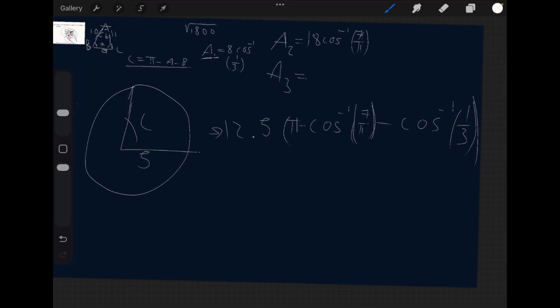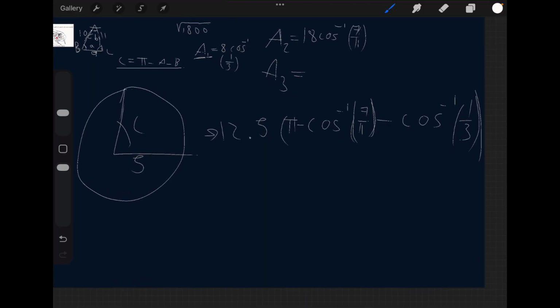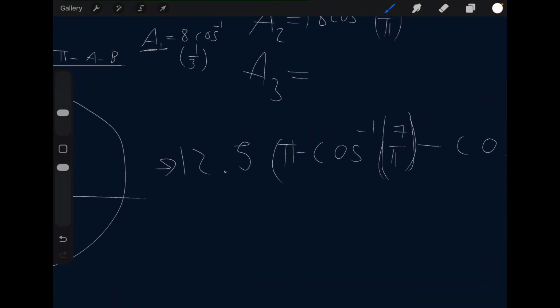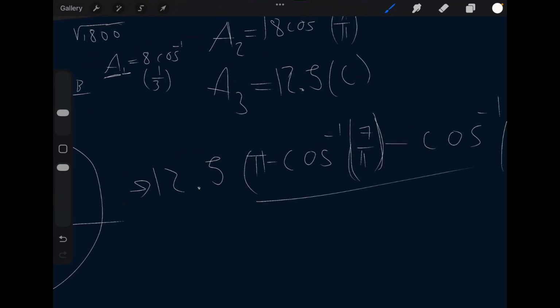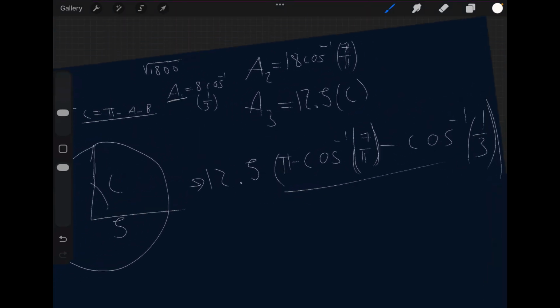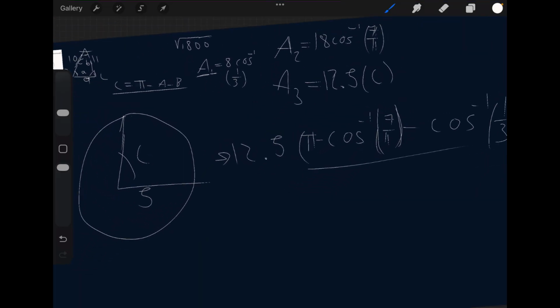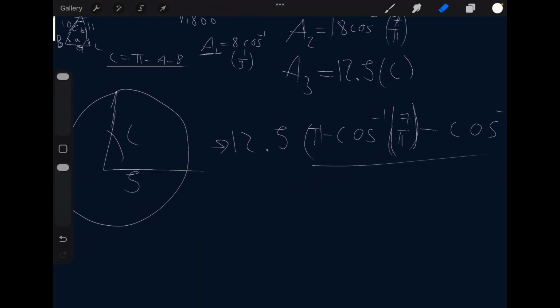Okay, so A3 equals what we wrote, 12.5 times C. We'll just write C because this was a very long expression. And now we can erase these things here, the circle and this calculation.